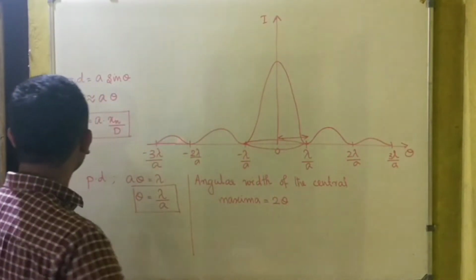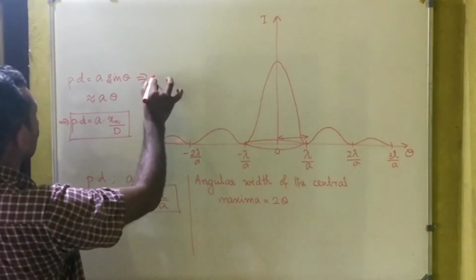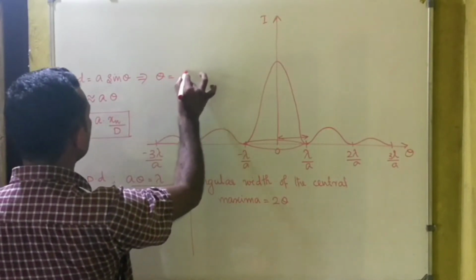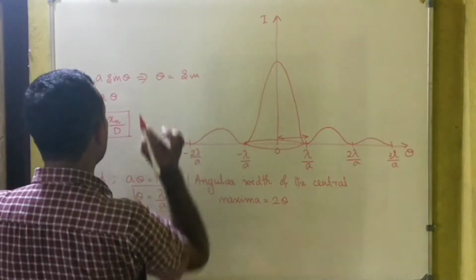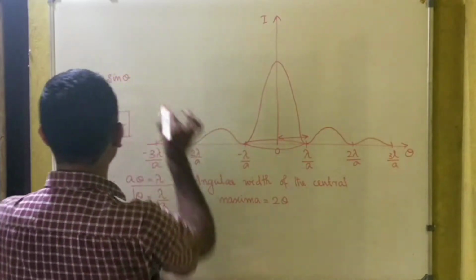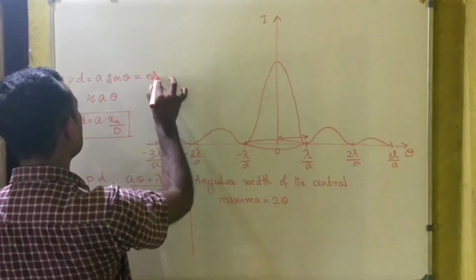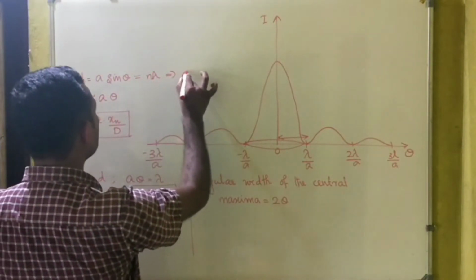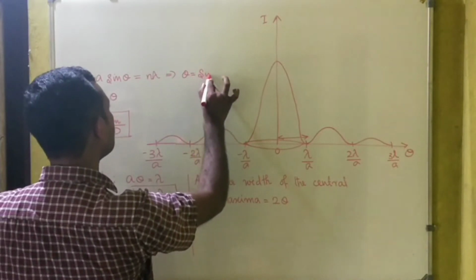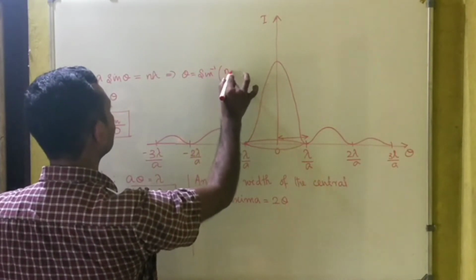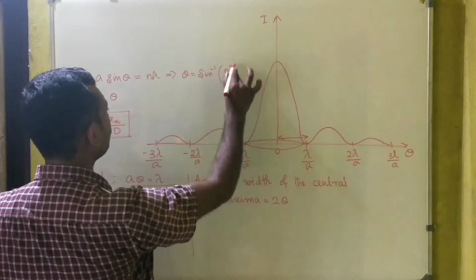From here I can also say that a sin theta is equal to n lambda, which gives theta equal to sin inverse of n lambda by a.